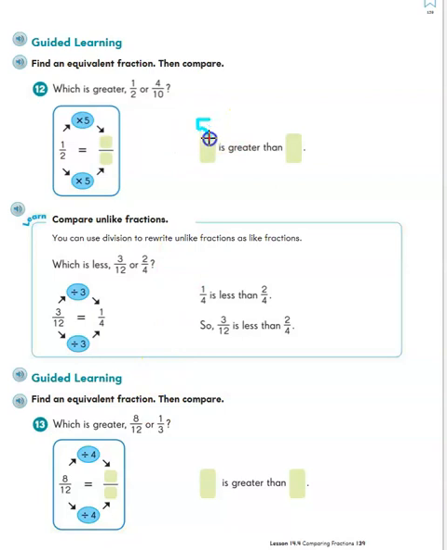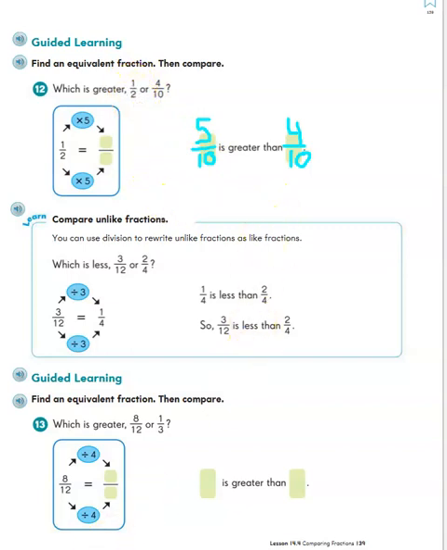So 5/10 is greater than 4/10. Or we could even write 1/2 is greater than 4/10, right guys? Because we know 5/10 is really the same thing as the 1/2 that they were asking us about.